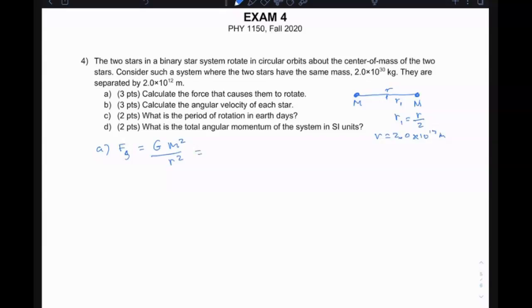So we put in the numbers to perform this calculation. Big G is 6.67 times 10 to the minus 11. And the masses are each 2.0 times 10 to the 30 kilograms. So we're going to square that. Let me just eliminate these units.